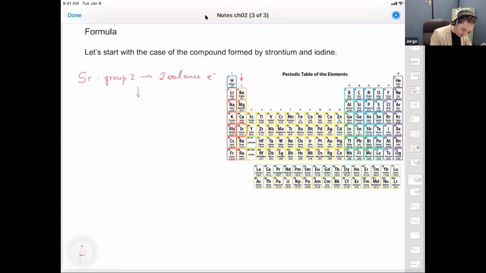The easiest way for strontium to achieve stability is just to lose 2 electrons, and it becomes strontium 2 plus. Just the fact that strontium lost 2 electrons, we can call now strontium 2 plus the cation. Okay. Cation is always the positive part.